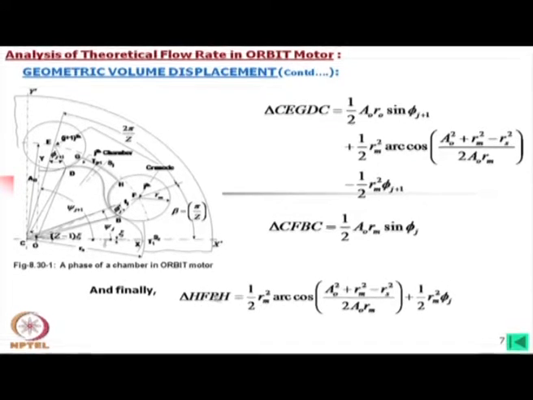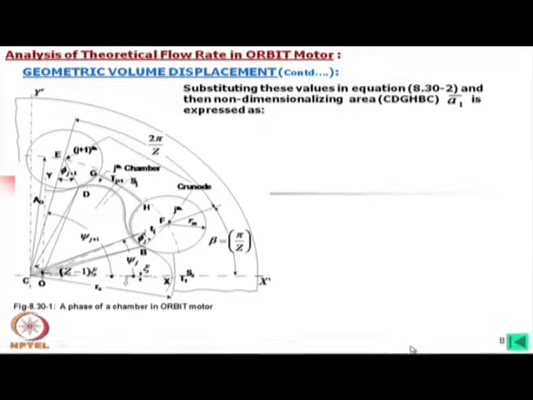And finally, HFBH is nothing but this angle. So, this area is R m square into cos of that plus half R m into phi j. That means, we have considered this area first and then we have considered this area.